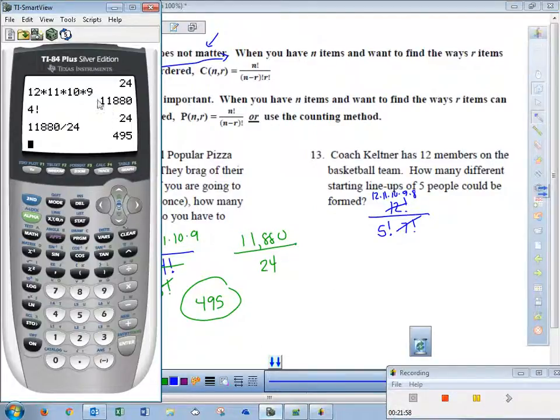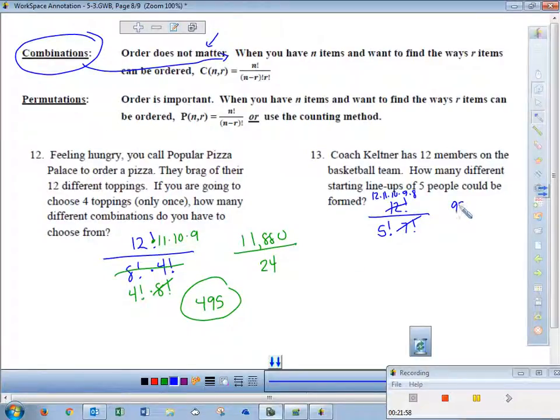So actually, I have that right here. 12 times 11 times 10 times 9, 11880 times 8, and that'll give me that number, 95040, over 5 factorial.